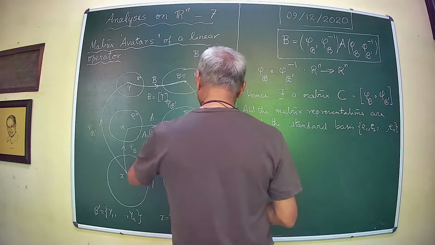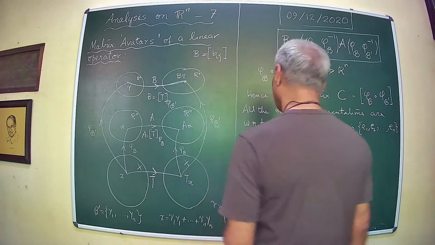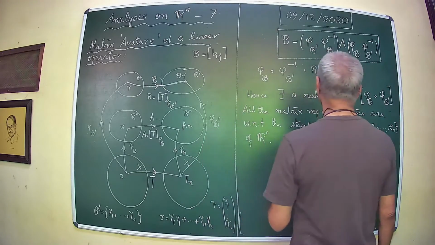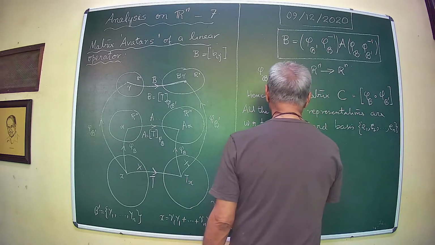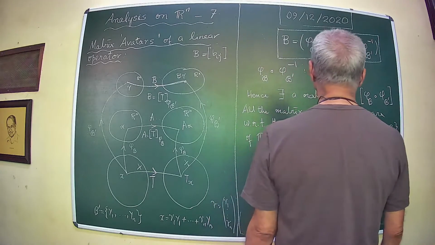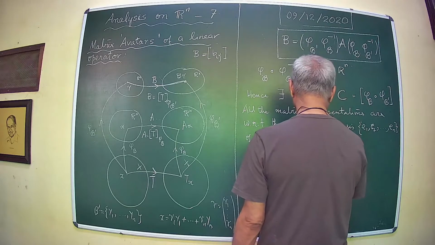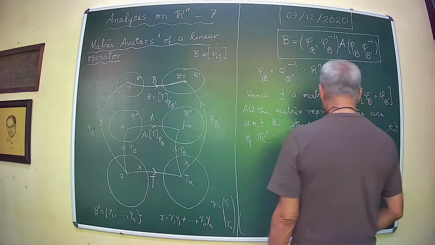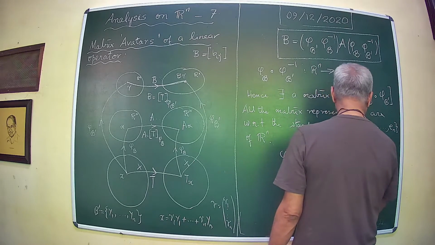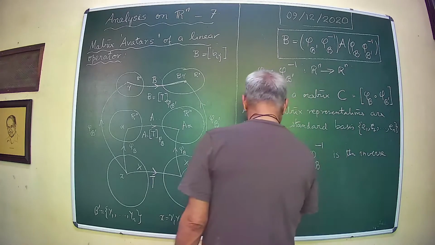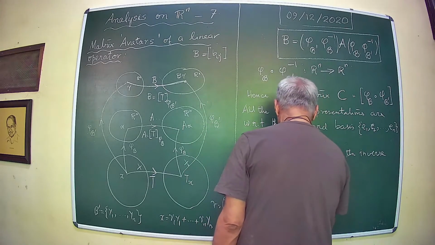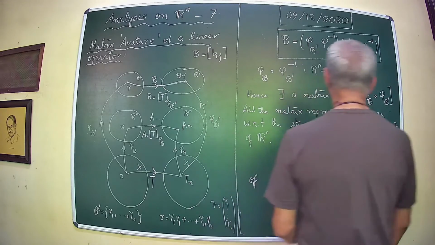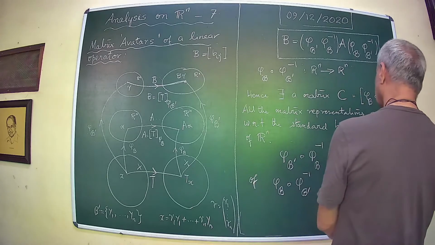Phi b inverse is from Rn to R. The connection between the two is that phi b inverse phi b prime composition inverse is the inverse of phi b composition phi b prime inverse. That's easy to work out.